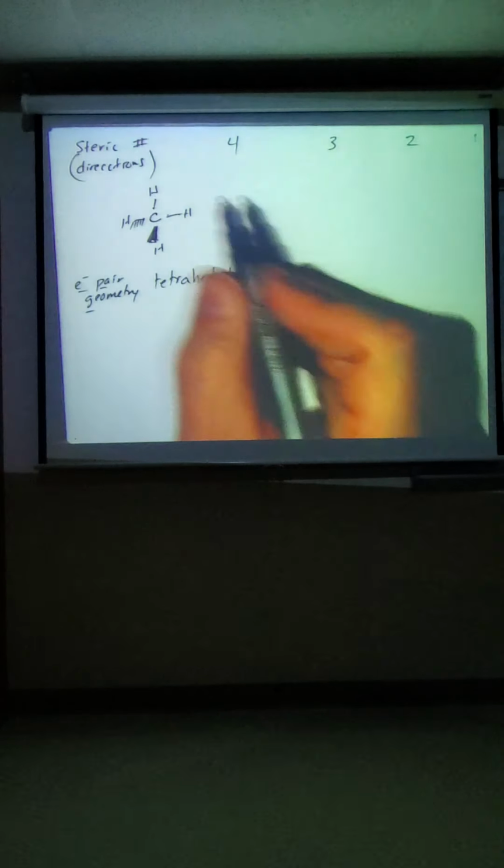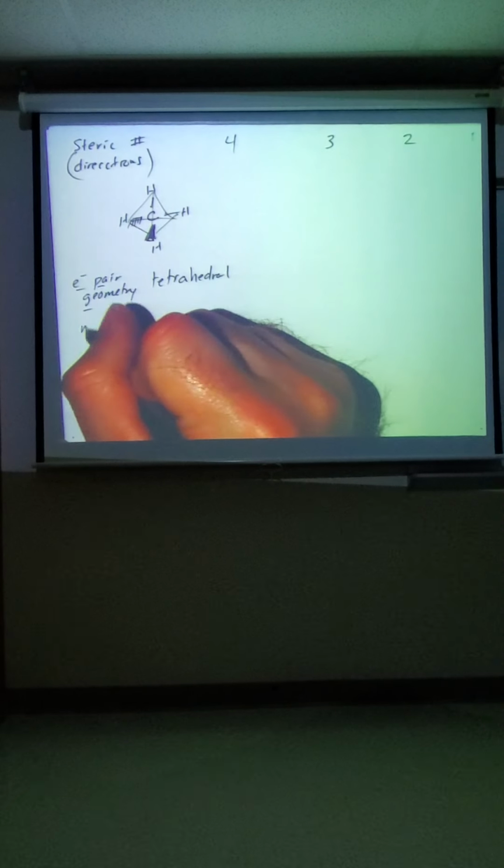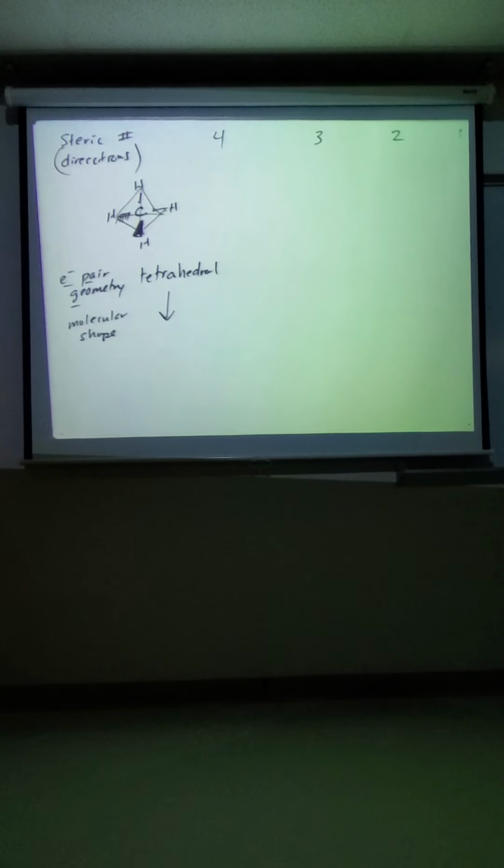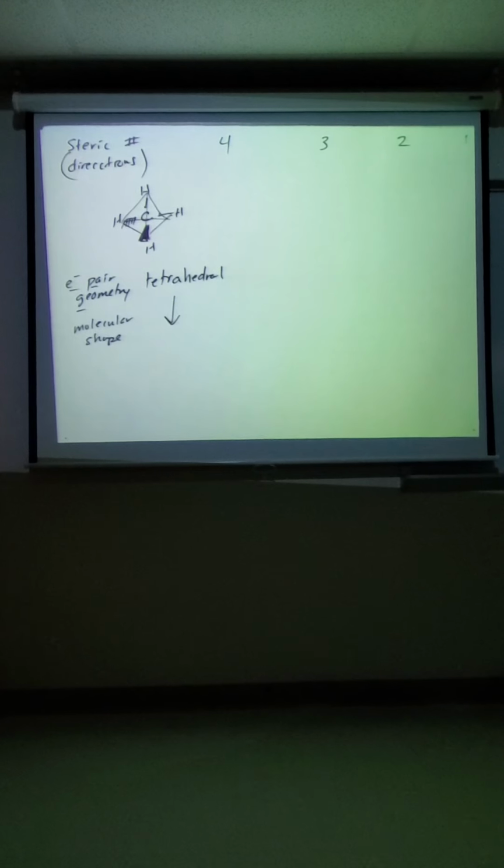Tetrahedral is because what we're seeing is what looks like this tetrahedron. It's kind of like a fancy pyramid. In reality, the molecular shape is what we want in the answer, and our molecular shape is still tetrahedral because lone pairs are the only thing that can change electron pair geometry and molecular shape ideas. So what are some other variations of 4?